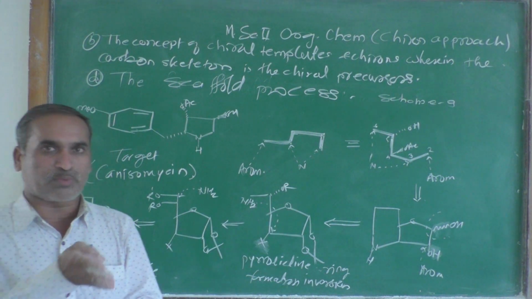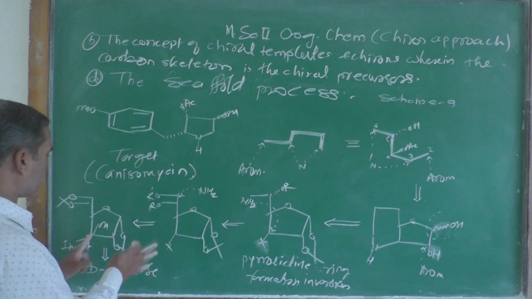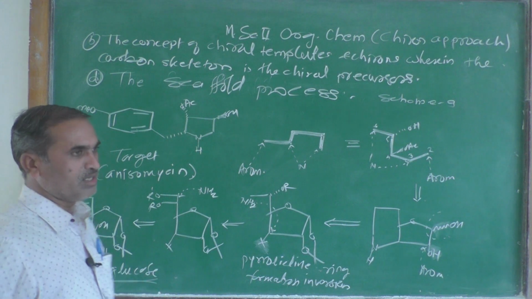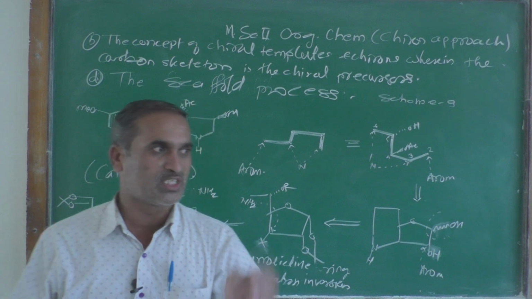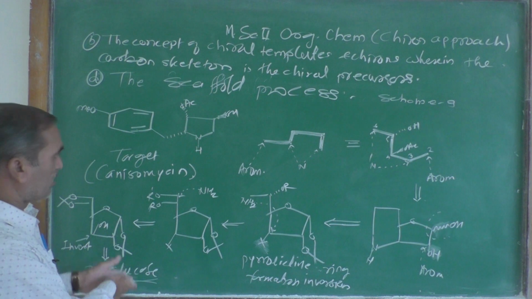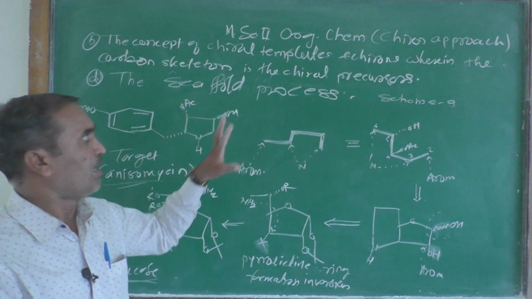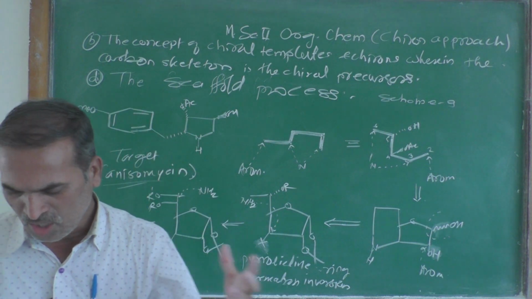While studying protection and deprotection we already saw that type of structure, and this can be easily obtained from D-glucose. D-glucose is the chiral precursor used here for the synthesis of such a target molecule, and that is the explanation of the scaffold process.